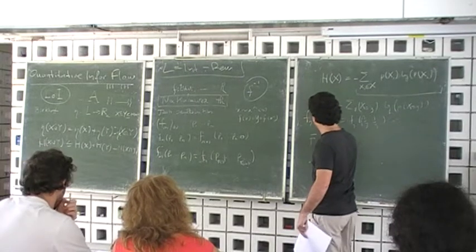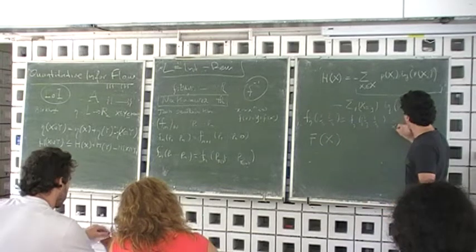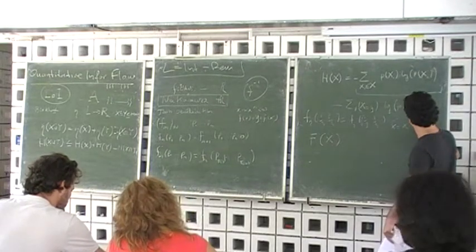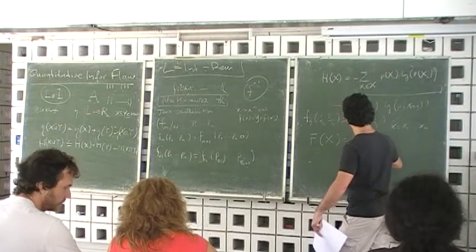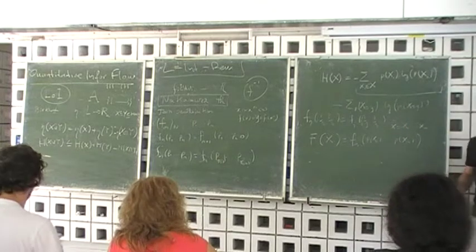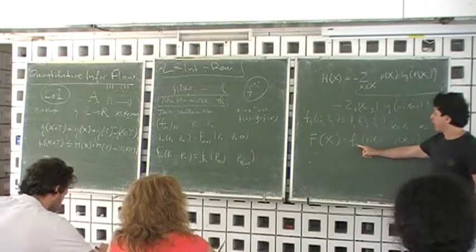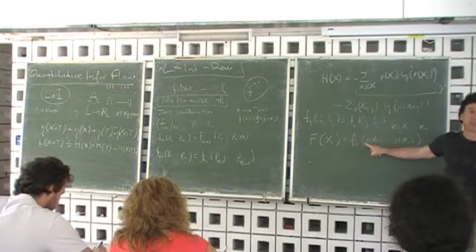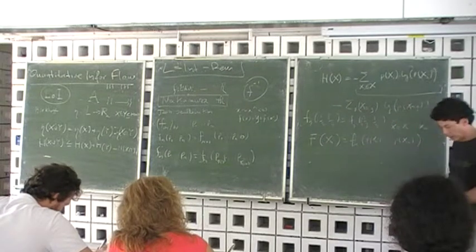You say that x has blocks x1 to xn with probabilities, so f of x is Fn of the probability of x1 to the probability of xn. So given a family of such maps, you can always define a map that gives a real number for any partition, so for any random variable.